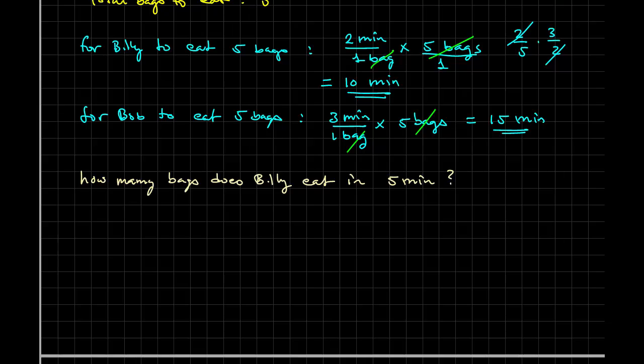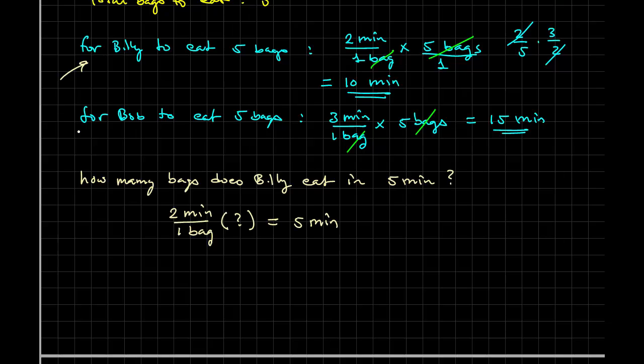Okay. Now before, what we'd seen up here was that we could write something like, we know that it takes 2 minutes per 1 bag, right? And we know that he's going to eat for 5 minutes here. That's what we're told. How many bags does he eat in 5 minutes?